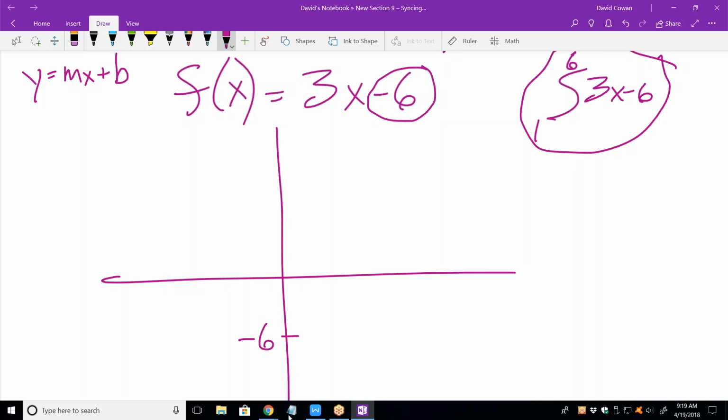What's the slope? 3. Okay, so I'm going to go up 3, to the right 1. So that is the straight line I'm dealing with. And what this means is the area under that curve from 1 to 6.